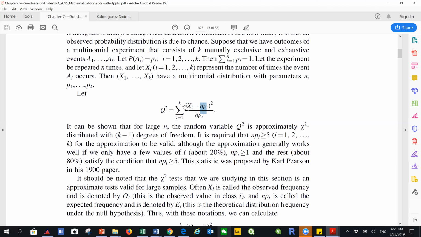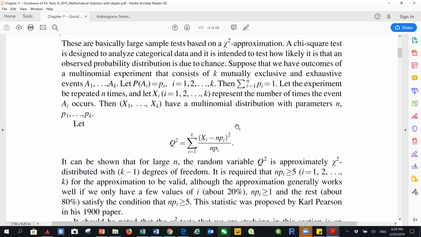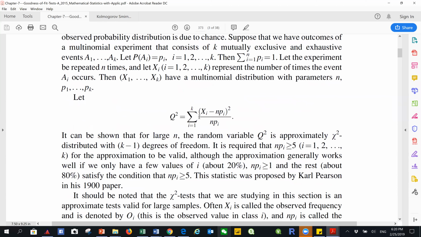All right. But then with the differences, the negative signs might cancel out with each other. So you square it, divide that by n pi to get the ratio, and take the sum. So chi-square will always be positive, and the bigger this value adds up, the more different they are.